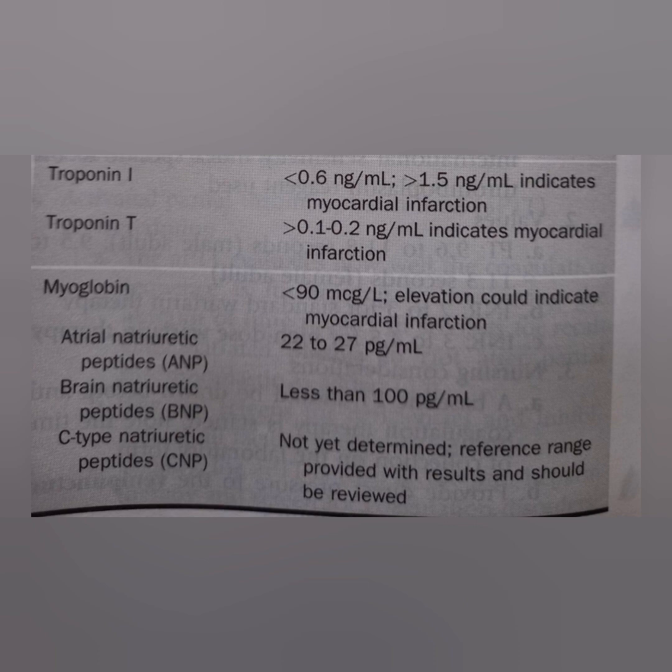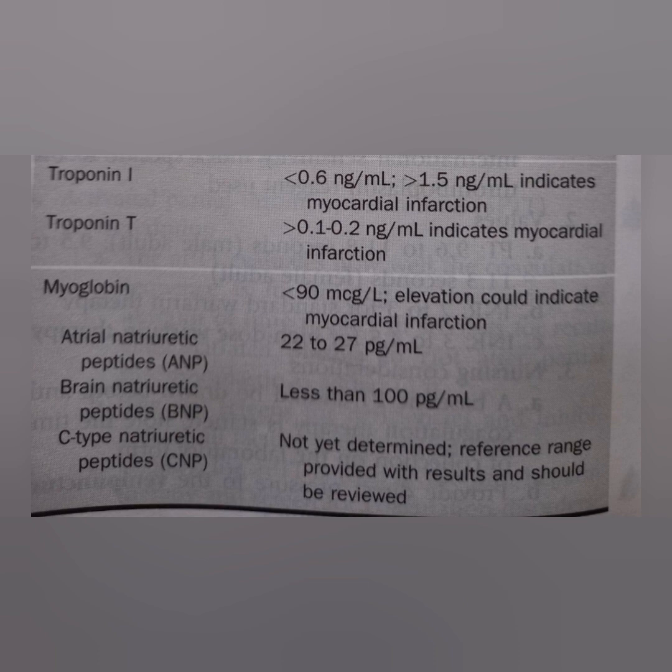For troponin T, a value higher than 0.1 to 0.2 nanogram per milliliter is considered myocardial infarction. Troponin I and troponin T are mainly helpful for identifying whether the patient is having a myocardial infarction.